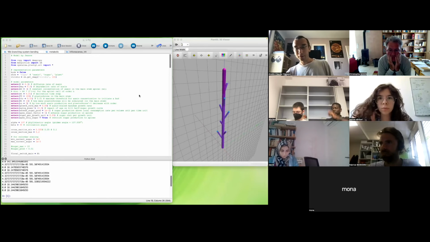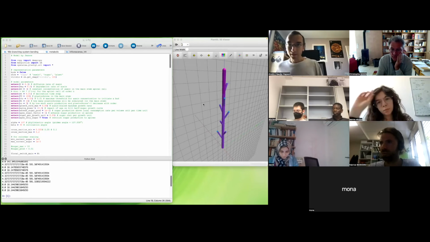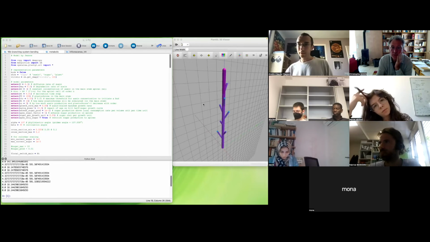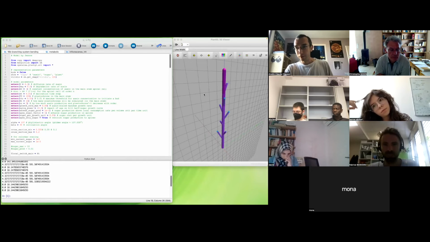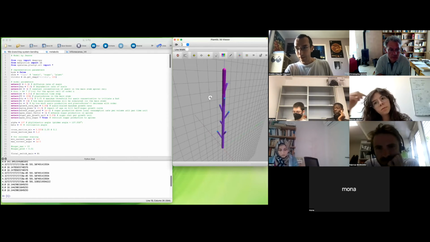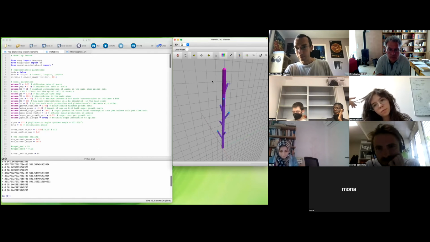Yep. Okay, sorry. So in the end, after discussing with Jeanne, we decided I could take what she built, and she actually implemented the extra sugar production and diffusion. So this is the same plot. What you see here is the concentration of sugar actually instead of auxin.